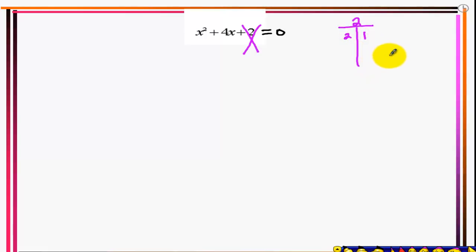So it seems like we will not be able to find factors of 2 that will give us a sum of 4. And then, of course, based from what we have learned, we are going to say that this is a prime expression. Okay?